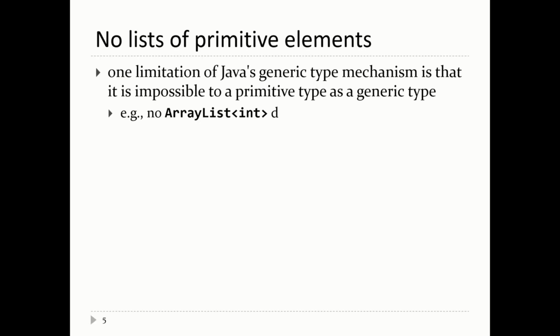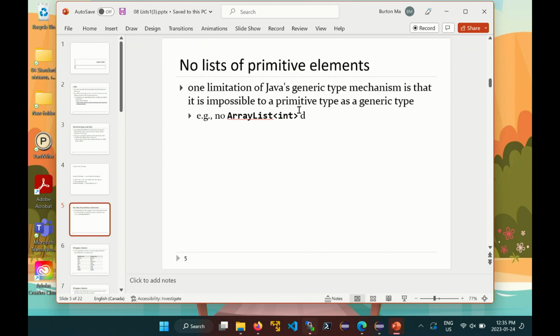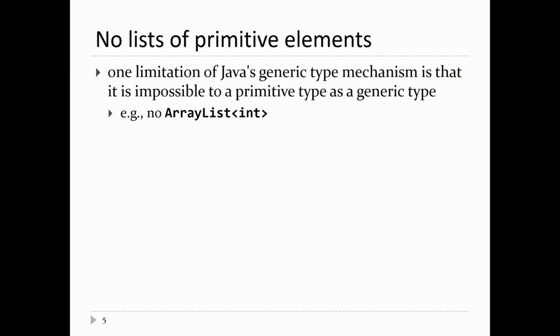One of the limitations of Java's generic types is that you can't make a list that can hold elements of a primitive type. For example, you can't make an ArrayList of int, which is unfortunate, but that's just the way it works in Java.